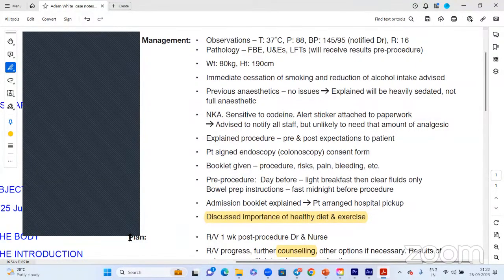Okay, this is one sentence. Relevant lifestyle modifications have been suggested.